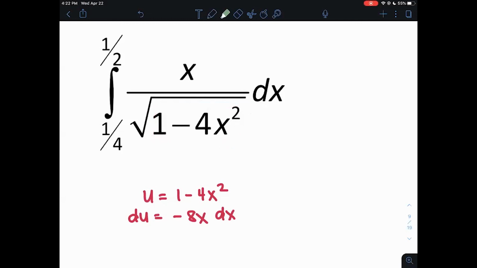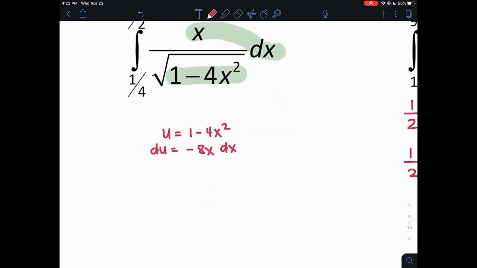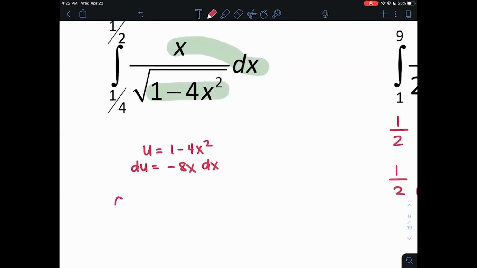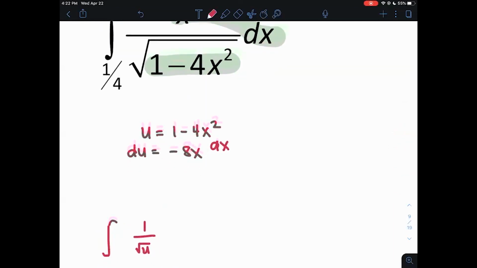That works for substitution because once I substitute, all of this is going to become u, and this is going to become a manipulation of du, the derivative of u, which means that I can rewrite this function as 1 over the square root of u. Let me do one step before that to make this more clear.